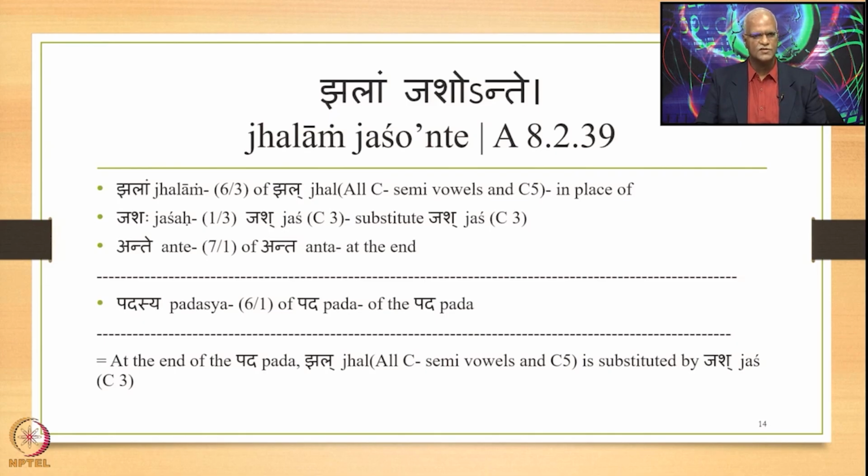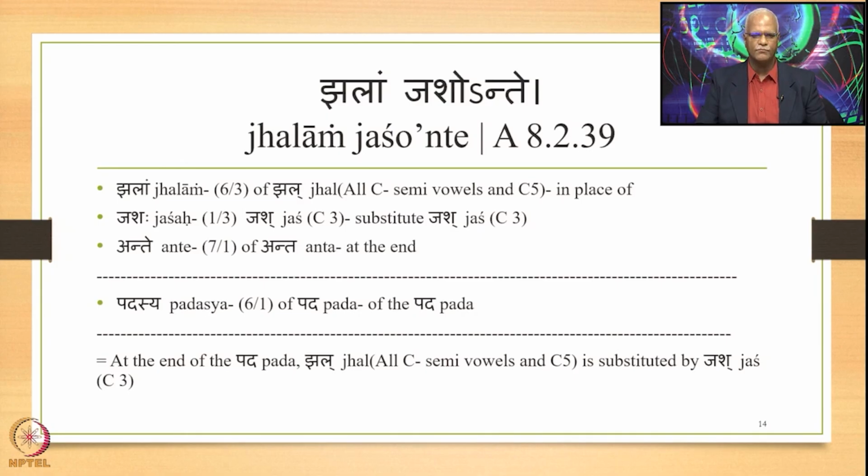Jhalam, which is 6/3 of Jhal, all consonants minus semivowels and consonant 5, means in place of jhal. Jashaha is 1/3 of jash, which is the third consonant of the class. Jashaha means substitute jash. Ante is 7/1 of anta, which means at the end.